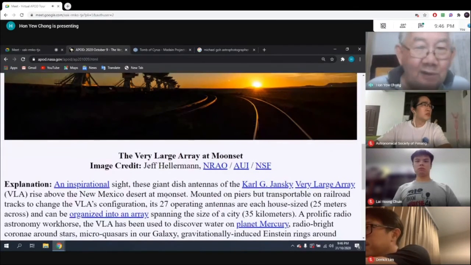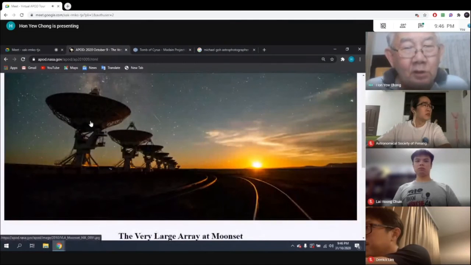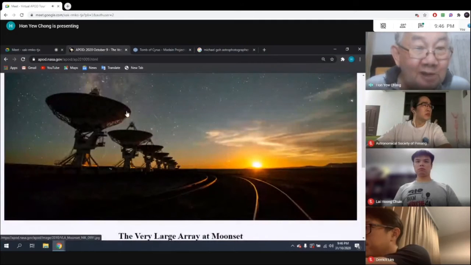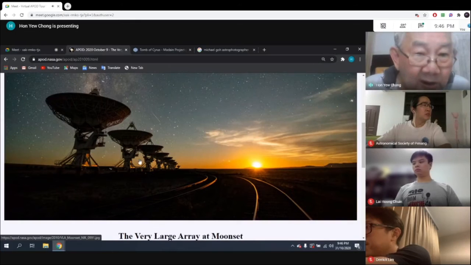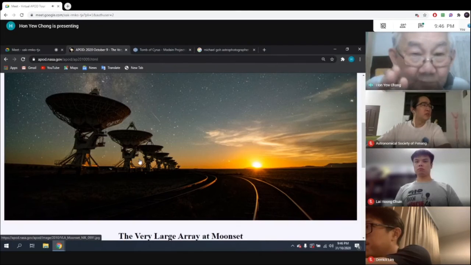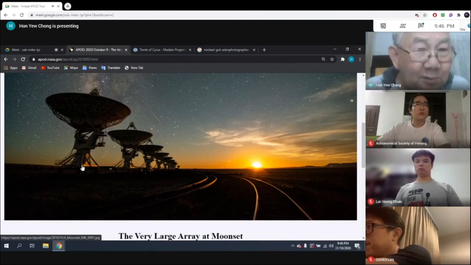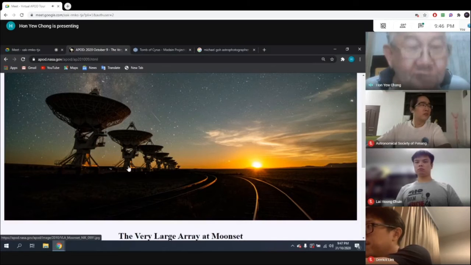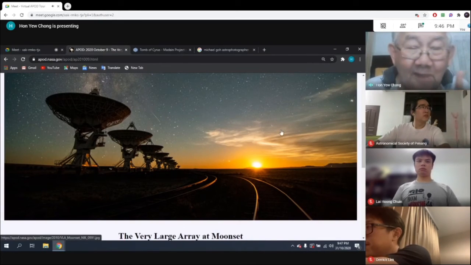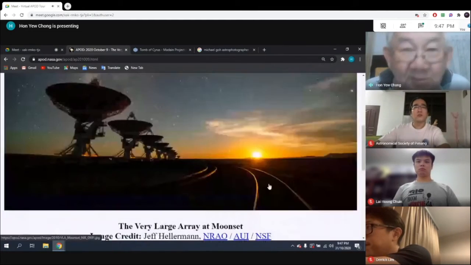So this is the Very Large Array. We know that the Very Large Array is an array of about 27 radio telescopes, each of them 25 meters in diameter, on a rail track in the form of a huge Y. The distance between one radio telescope and the next can be changed, such that from the bottom of this array to the top of the left-side Y and the right-side Y, it can be up to about 35 kilometers.